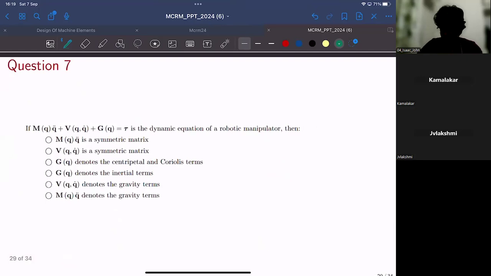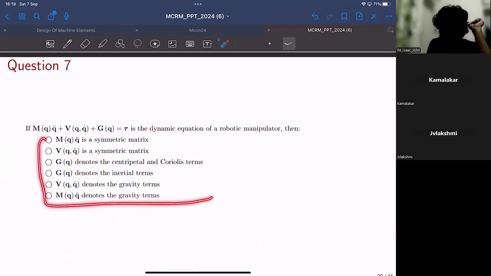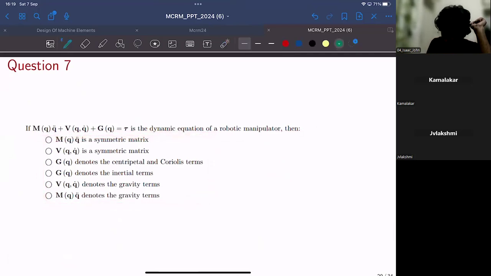Moving on to question 7. If M of q q double dot plus V of q q dot plus G of q is torque, the dynamic equations of a robot manipulator, then which of these options are correct? So the mass matrix is a symmetric matrix.